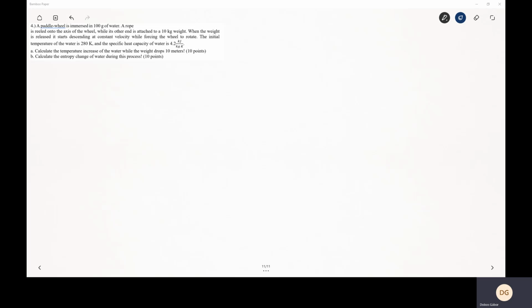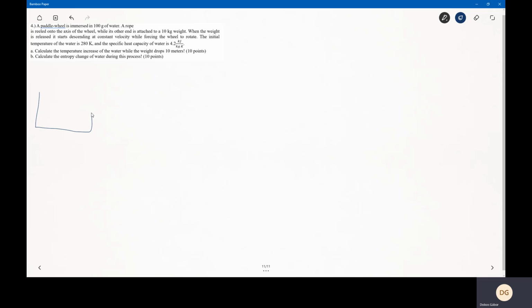Okay, so basically, the problem that we have is that there is a tank that is filled with water. So there's water in this tank, and there is this paddle wheel in the water, right? And this can rotate around like this, right?